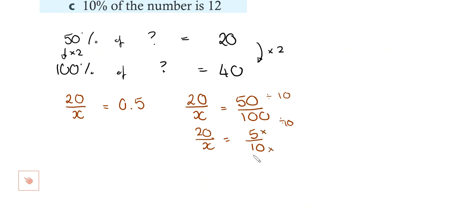Times by, well, I want the tops to be the same, so if I times by 4, that would give me 20 over x equals 20 over 40. Therefore, x must equal 40.